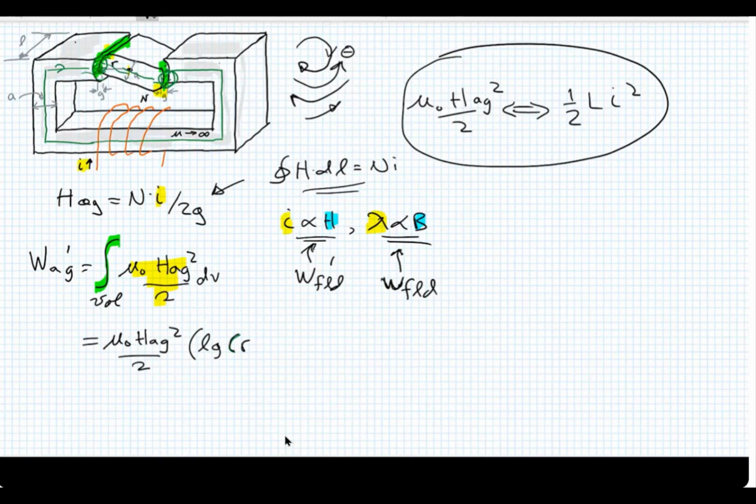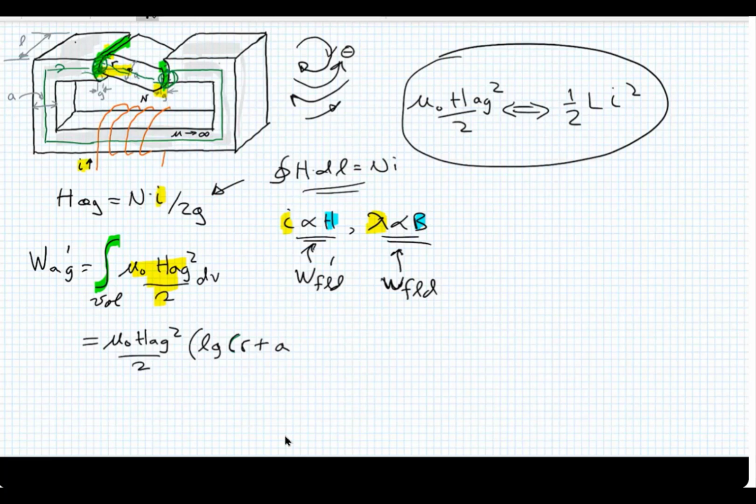R. We've defined R as the distance from the center to the corner of that moving piece, plus we have to take into account the width of the moving piece, which corresponds to the width of the entire magnetic core. So that was A. No, I take it back.